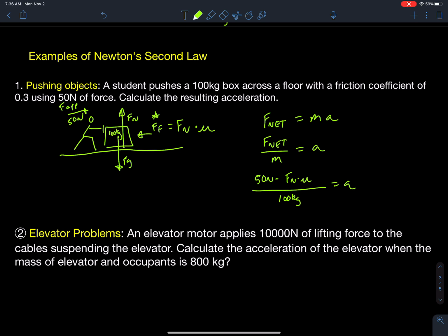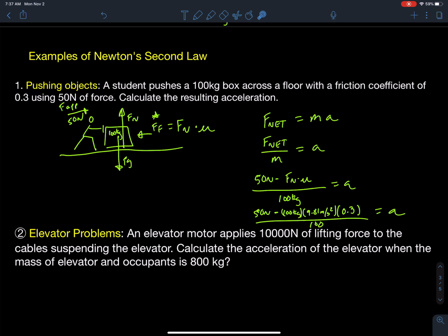That's going to give me my acceleration. So how do I solve for Fn? Well, Fn is equal to the weight of the object. So 50 newtons minus 100 kilograms times 9.81 meters per second squared, that's Fn, times 0.3, divided by 100 will give me my acceleration.